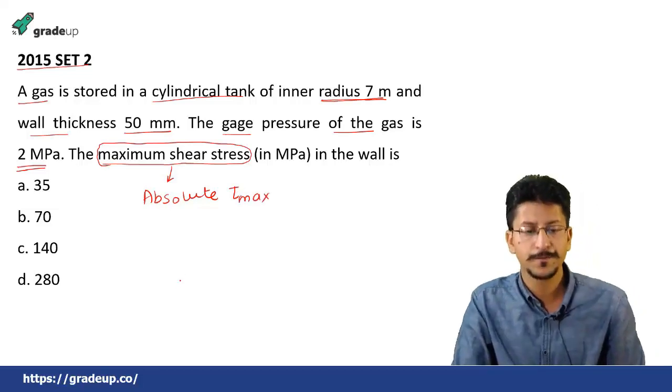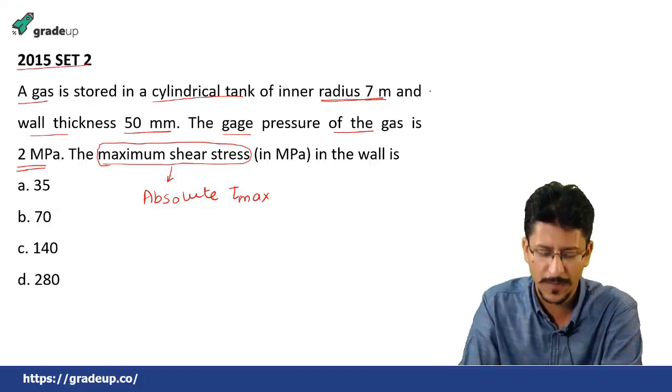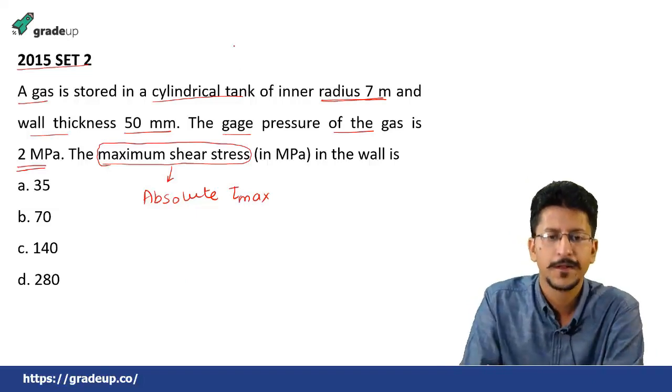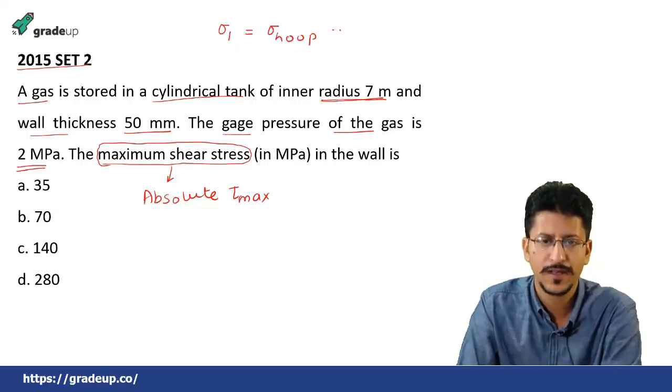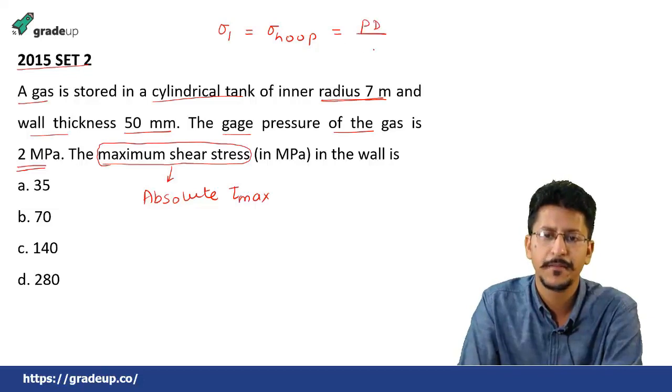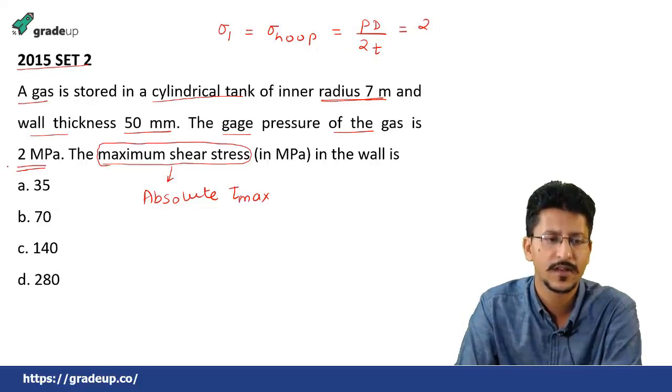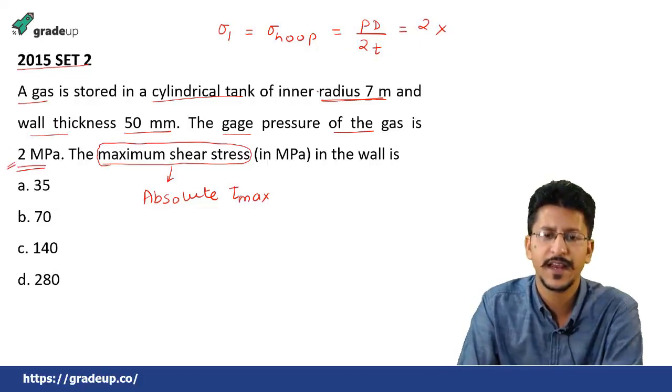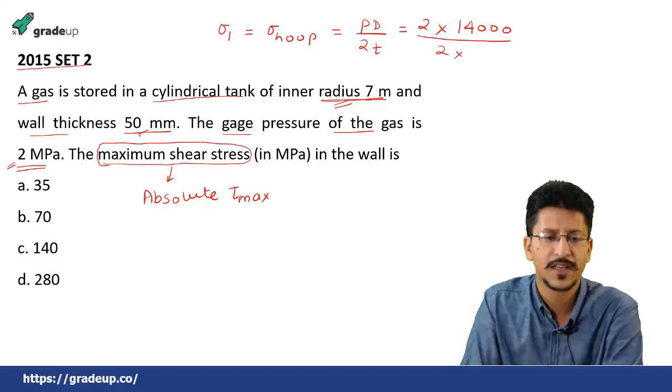Okay, so for finding out absolute tau max, what will you do? First of all, you have to find out sigma 1, that is equal to nothing but sigma hoop. So sigma hoop is equal to PD by 2T. P in this case is 2, D, that is the inner diameter, will be equal to 14,000 mm, divided by 2 into T, the thickness, which is 50 mm.